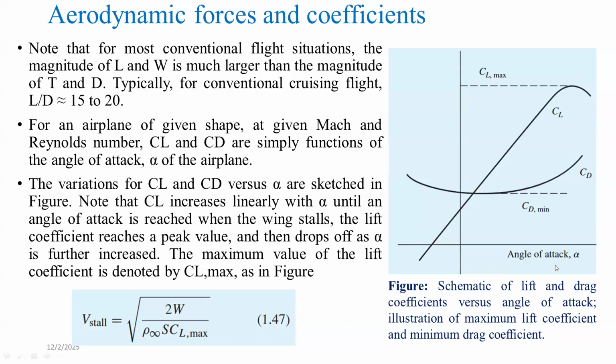Here V stall is related with CL max. The weight of the aircraft is there, density is related with altitude, and S is the aircraft planform area, so V stall is directly obtained from CL max at the critical angle of attack.